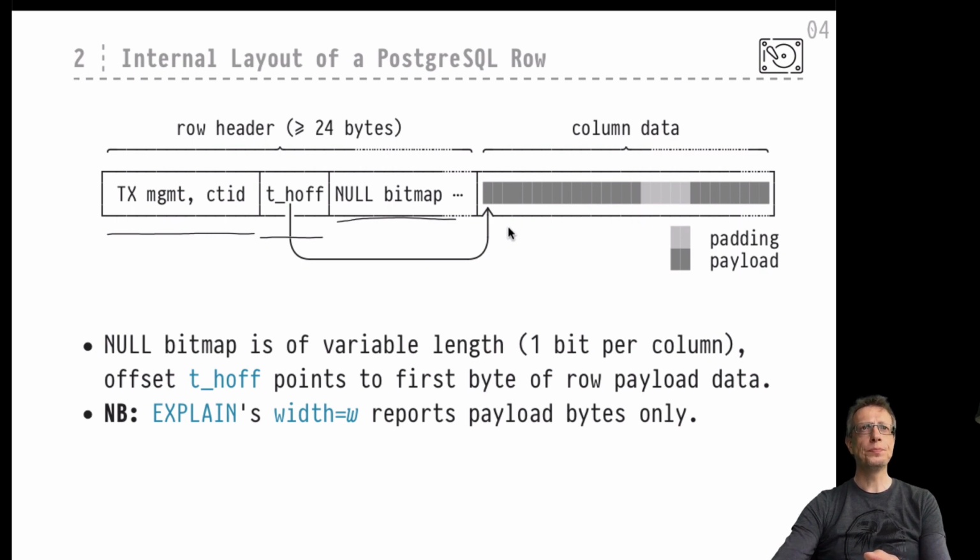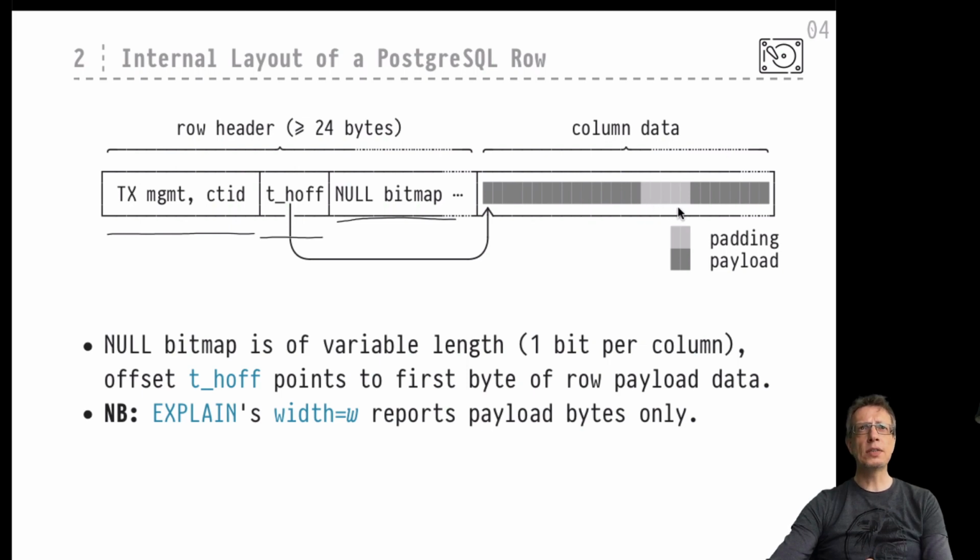All right. Okay, and then if we would look at this column data here, we would see that most of the bytes, hopefully, are actually occupied with payload data, with integers, with floats, with characters that we've stored in the columns. But there's also some so-called padding bytes that we will come to in a minute.